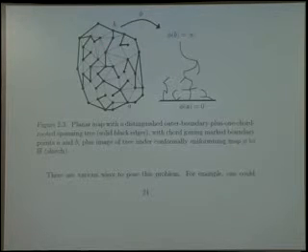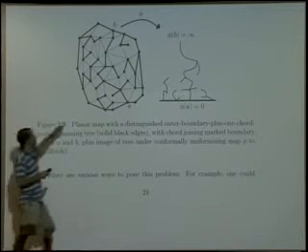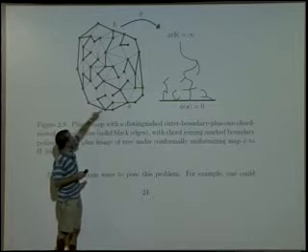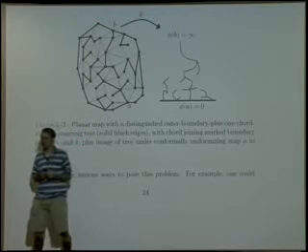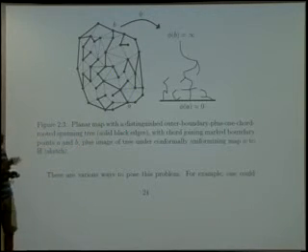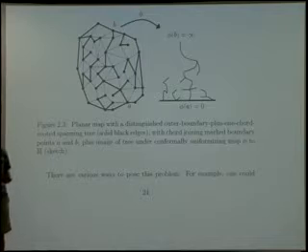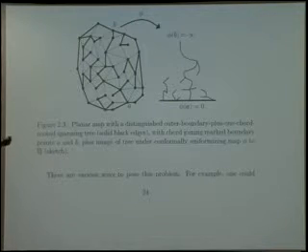Now let's say I'll fix the total number of edges, and for technical reasons you needn't care about, or maybe you will care about, I will count the outer edges as half an edge. Okay, so I fix the total number of edges, except that the outer ones each only count half. And I draw this picture. I choose uniformly at random from all pictures like this, with n edges.